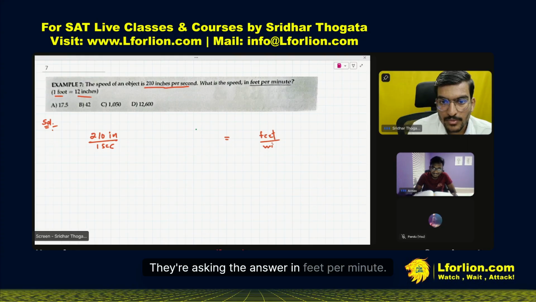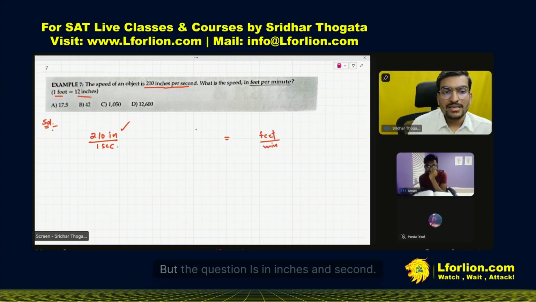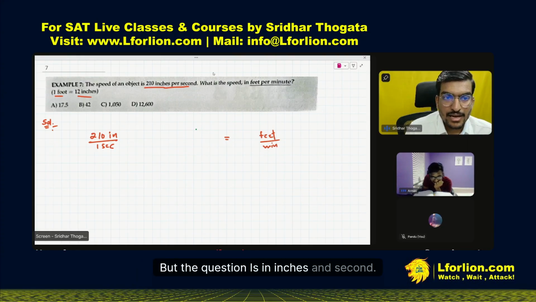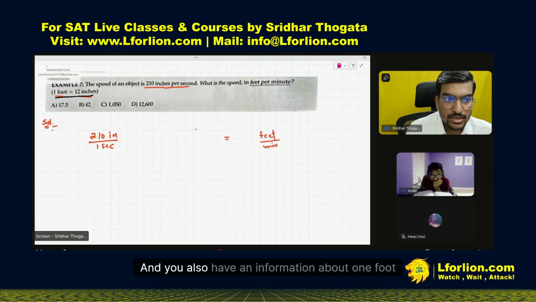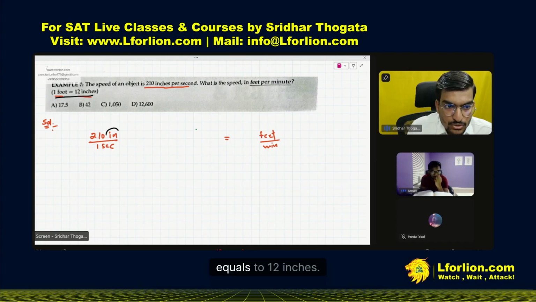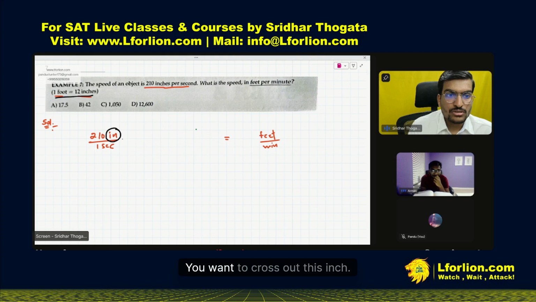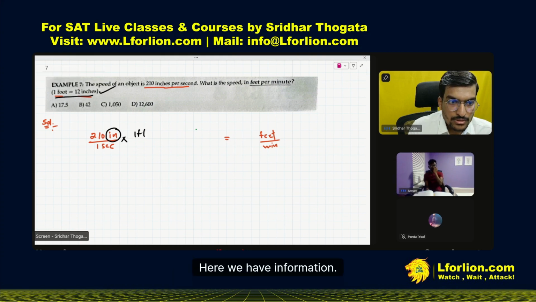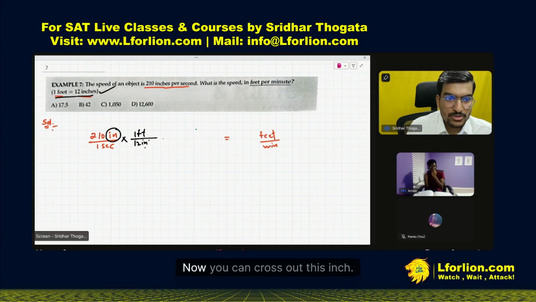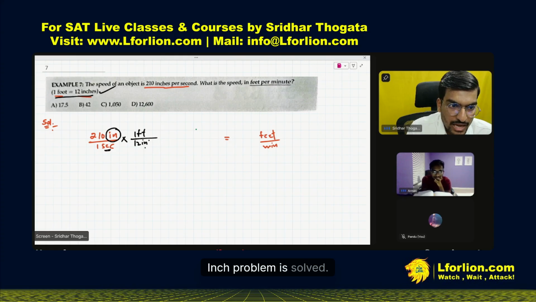They're asking for the answer in feet per minute, but the question is in inches and seconds. You also have the information that 1 foot equals 12 inches. You want to cross out this inch, so here we use 1 foot equals 12 inch. Now you can cross out the inch, problem solved.